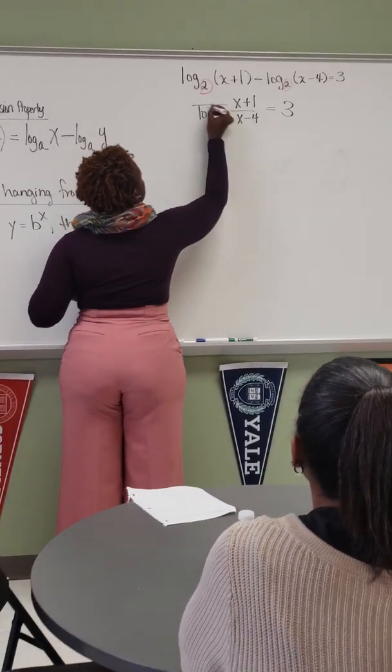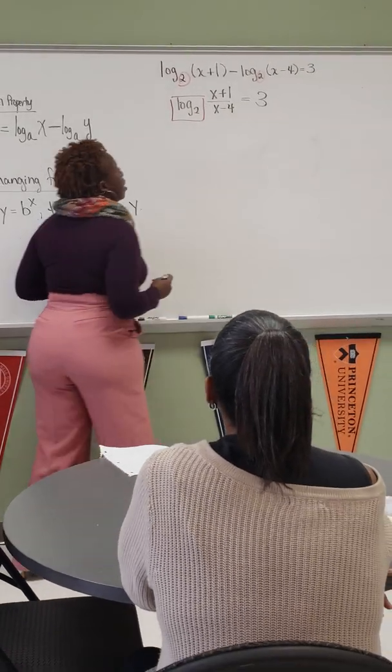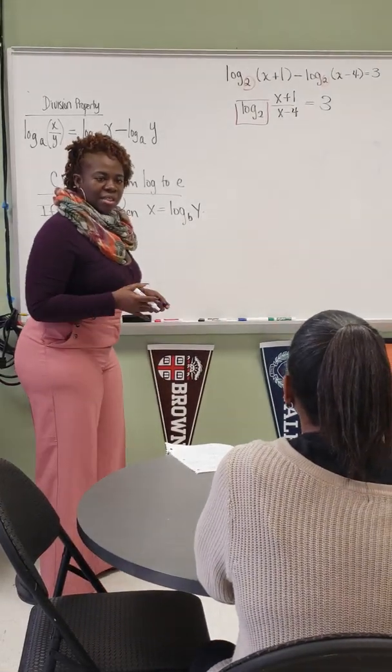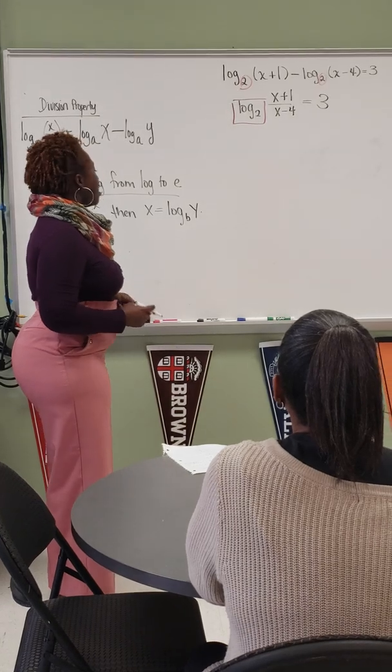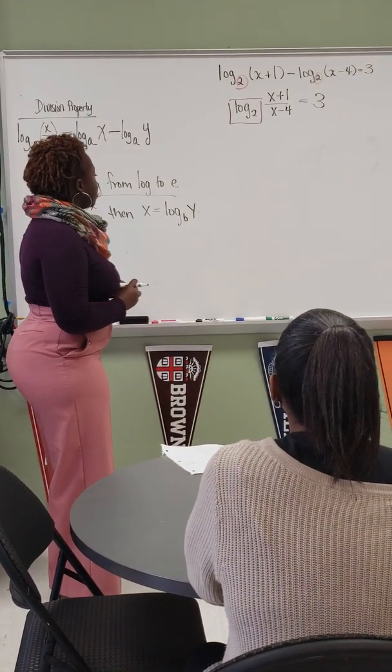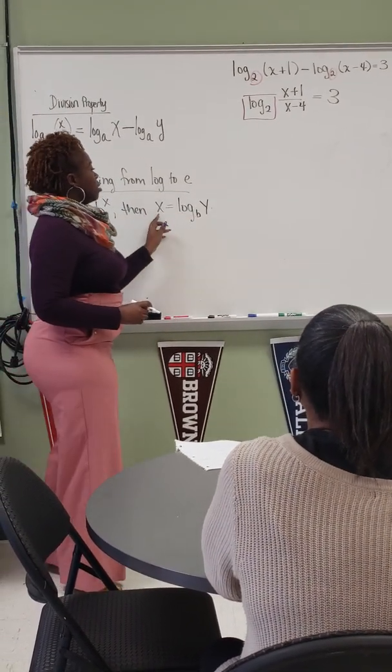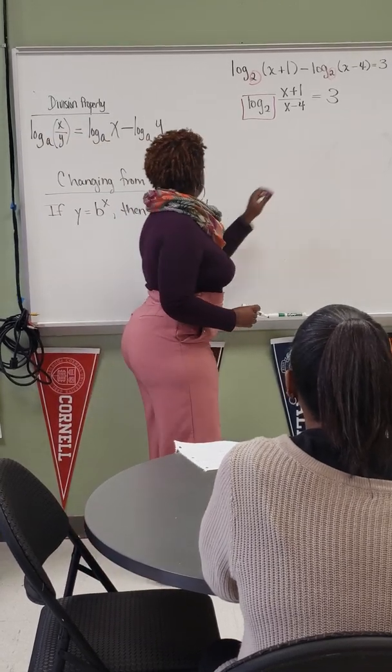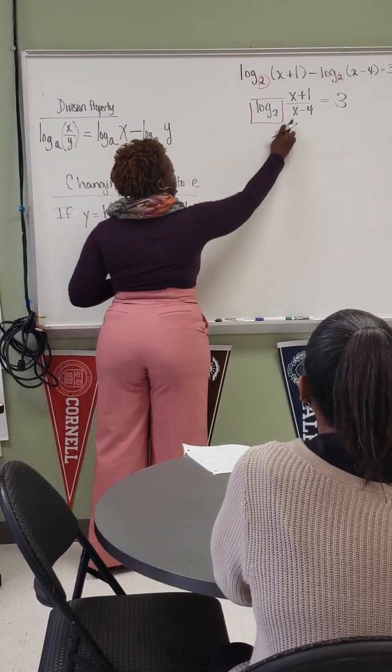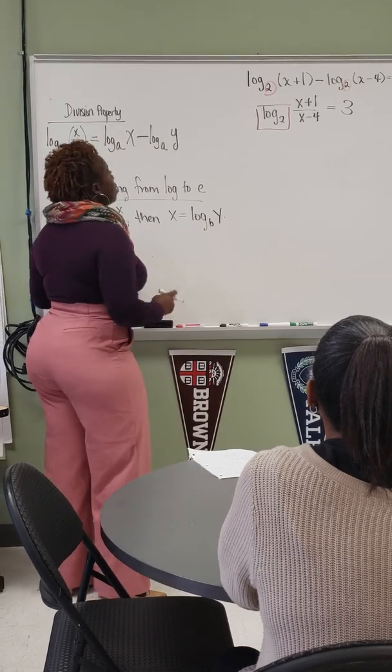So we're changing this log, and of course this is algebra, whatever we do to one side, we have to do to the other side. Identify your parts from here. This is our b, and this is our y.